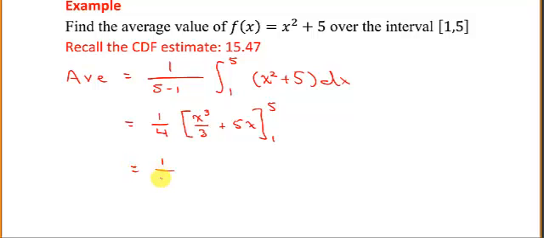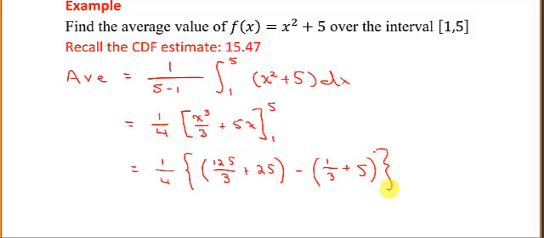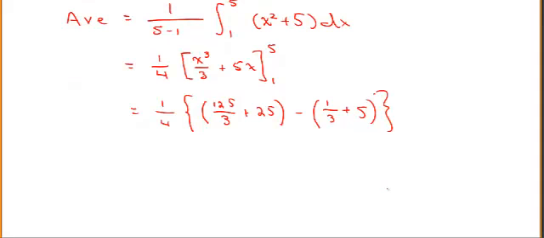This will be 1/4 times, when I evaluate this at 5, 125 over 3, because 5 cubed is 125, plus 25, minus the value at 1. The value at 1 is going to be 1 over 3, since 1 cubed is 1, plus 5.